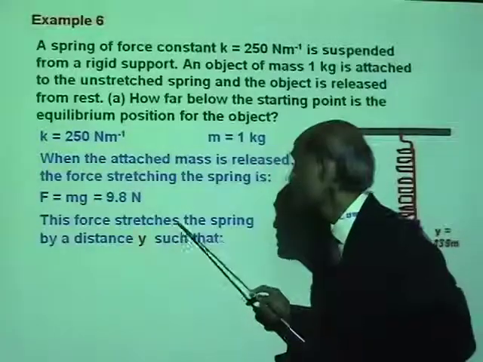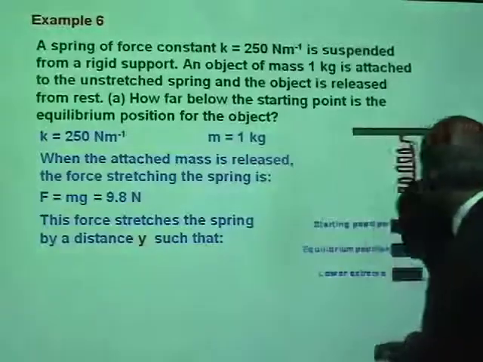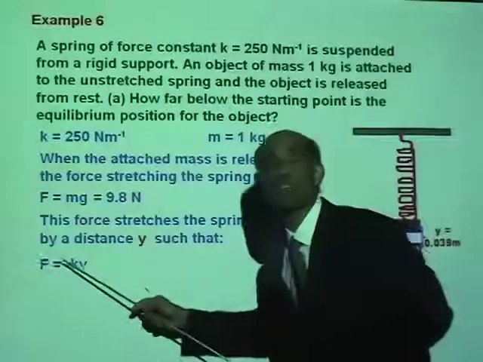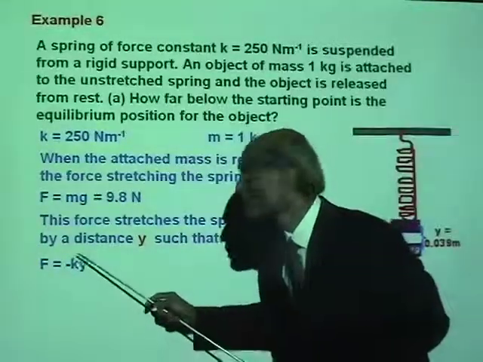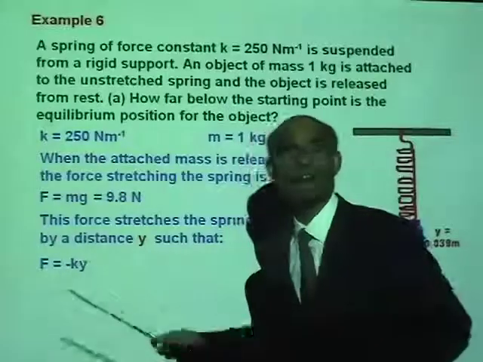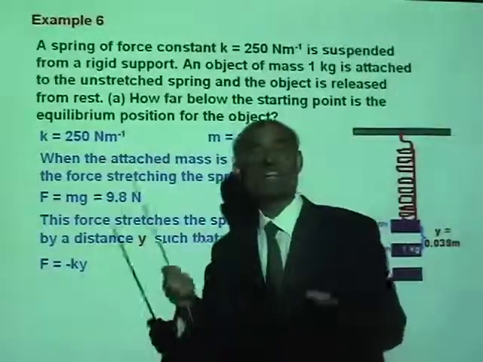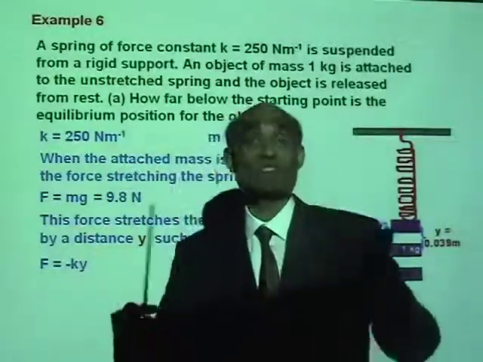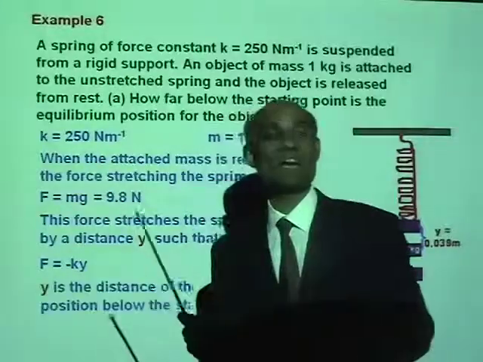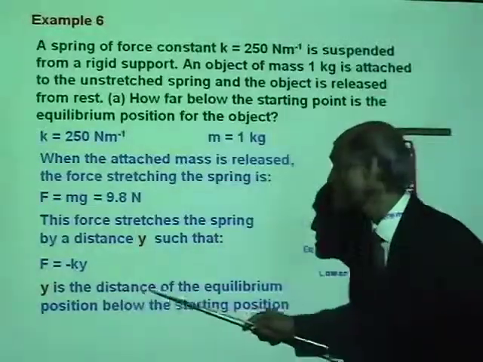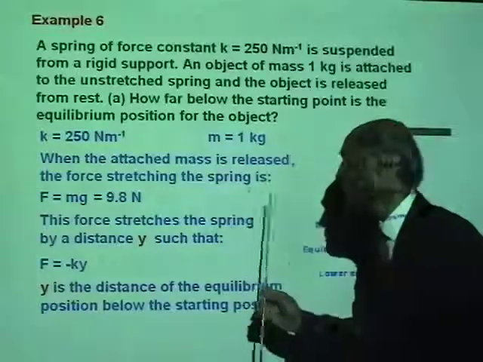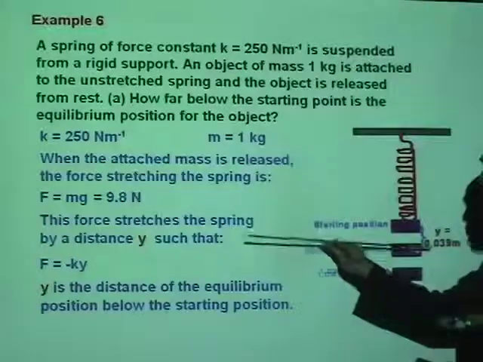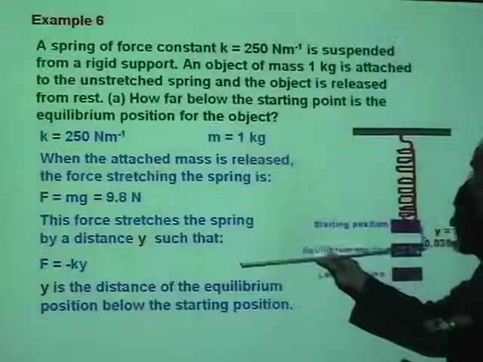And this force stretches the spring by a distance y to the equilibrium position, such that F equal to negative ky. We don't need the negative sign here to find the value of y. The negative sign simply tells you that the force is opposite to the direction of displacement. So y is the distance of the equilibrium position below the starting position.